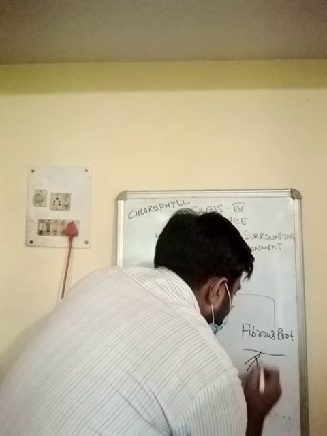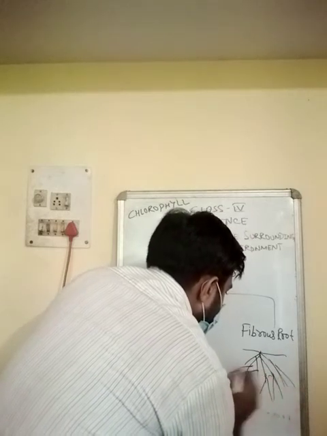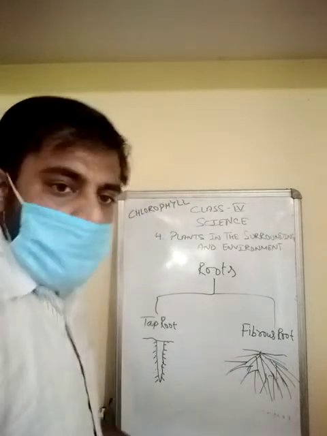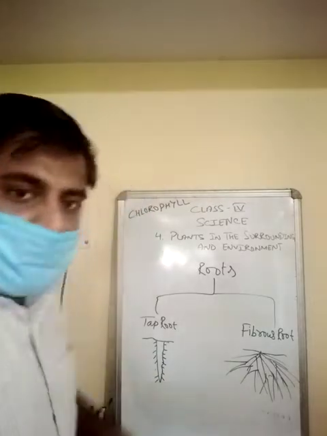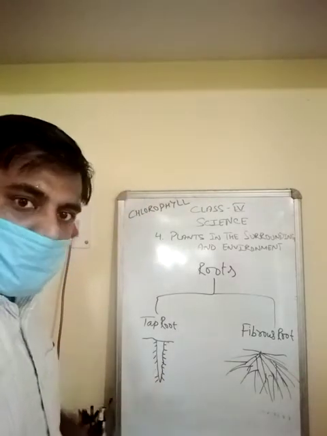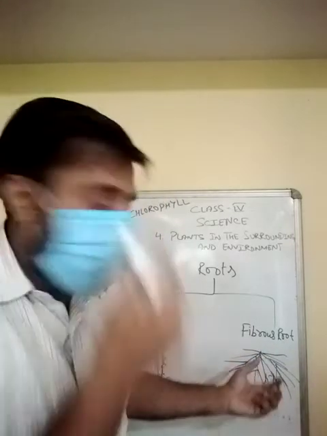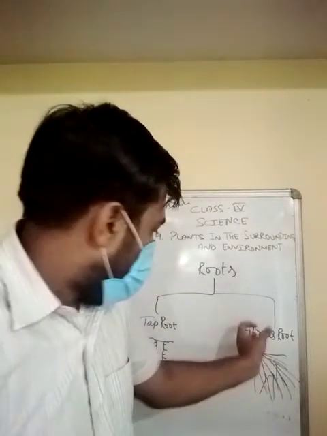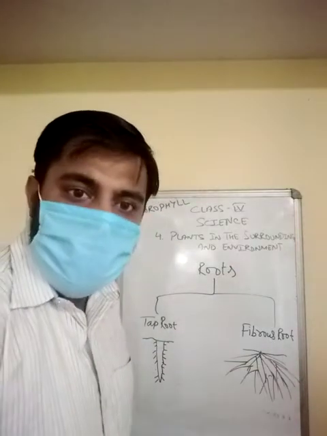From the beginning, it is only comprised of root hair. Understood? So you can see the difference from the drawing itself. There is no main thick root. This is the basic difference between a taproot and a fibrous root.